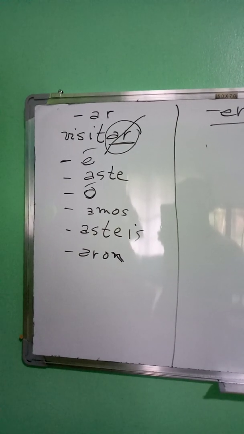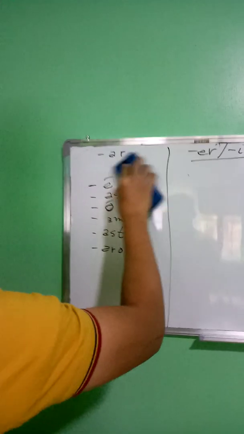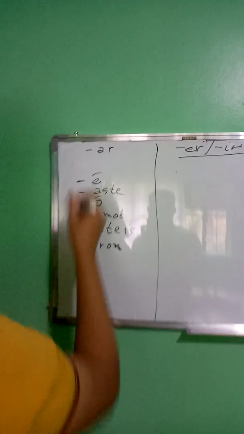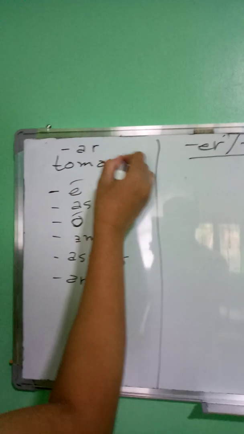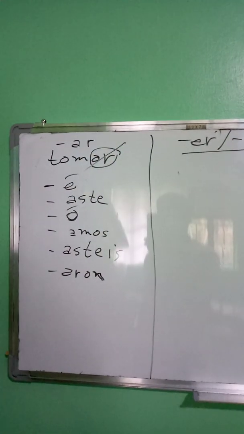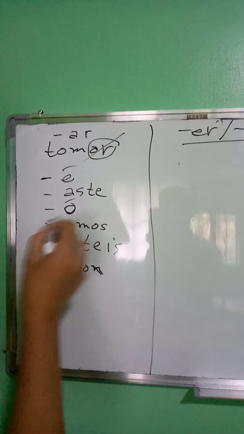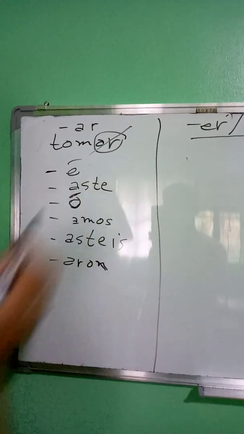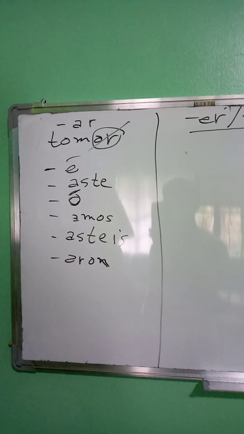So another example would be visitar, to visit. Another verb will be the verb tomar. Tomar is to take. It's also a regular verb. So you drop this again to get the past tense. Tomé, tomaste, tomó. You remember the accent, no? Tomó, tomamos, tomastes, tomaron, no?